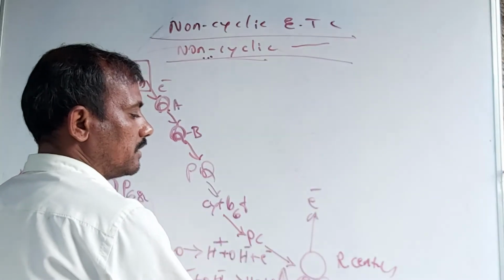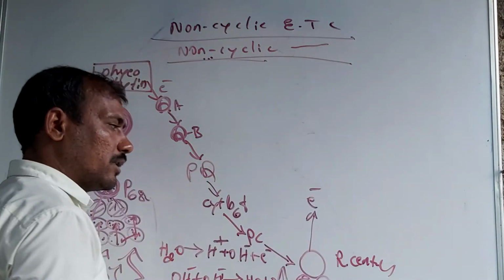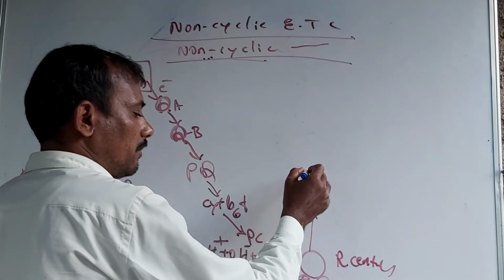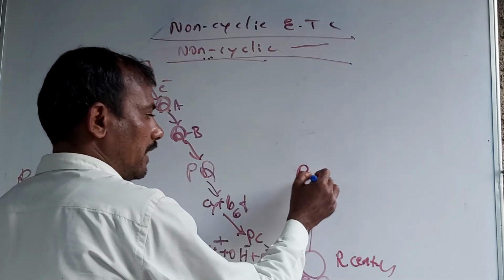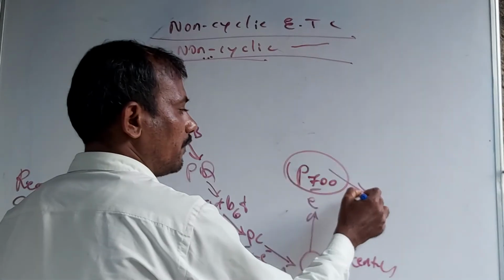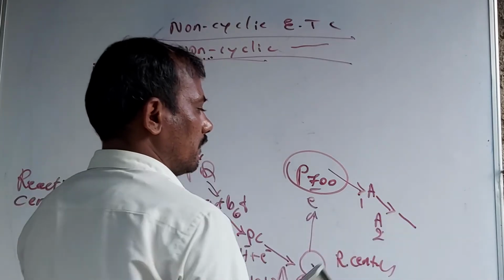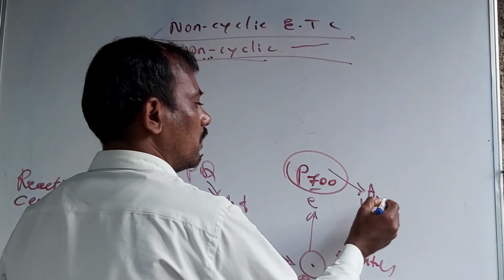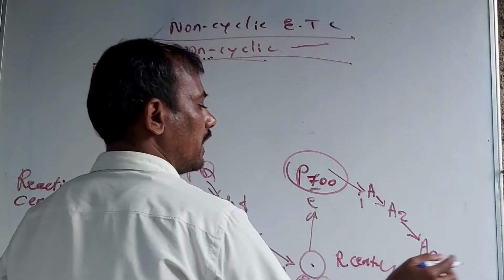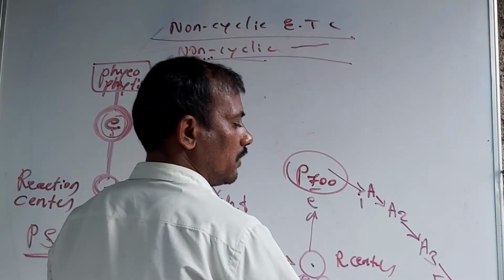So the reaction center of pigment system first, when it gives out the electron, this electron from P700 goes to A1, A2, then A3, like that, and it goes to the ferredoxin, and the ferredoxin molecule reduces.